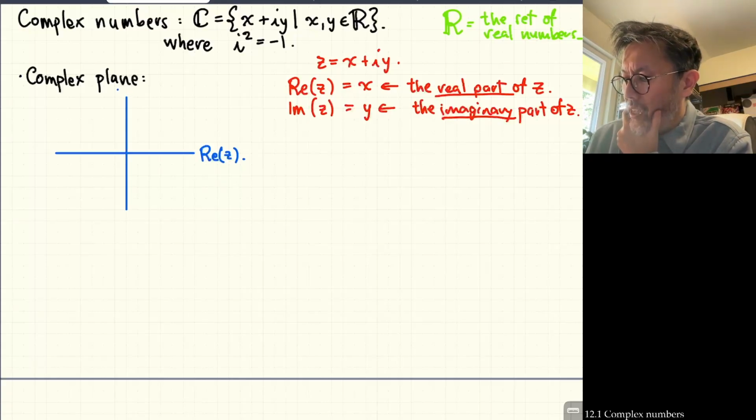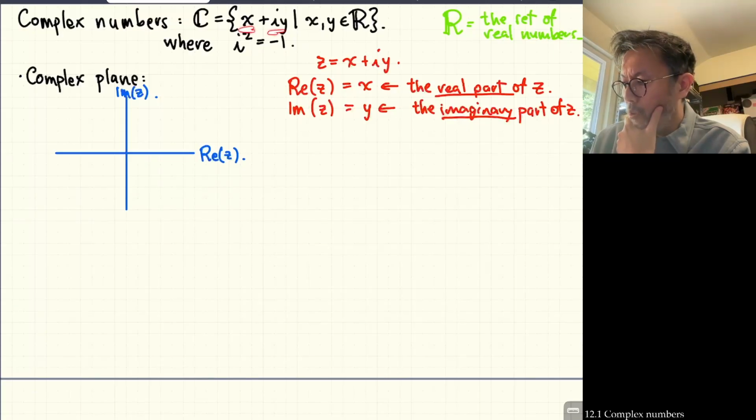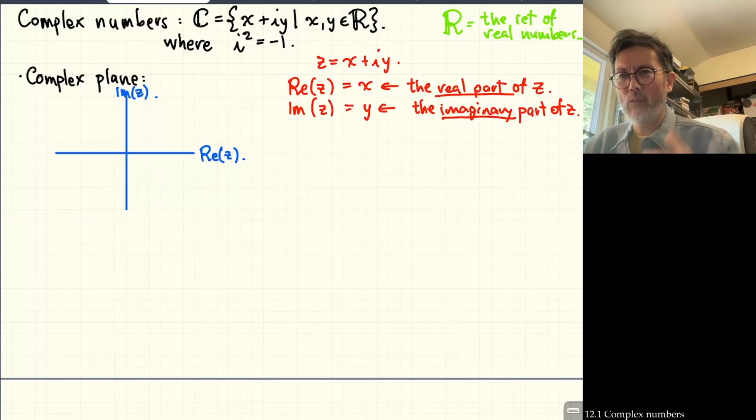And similarly, the vertical axis will track the imaginary part of z. So in particular, let's say that we have a number like 3 plus 2i. 3 is what's playing the role of x. 3 plus 2i, or i times 2. I don't know why, but I have to put the number in front of the i.